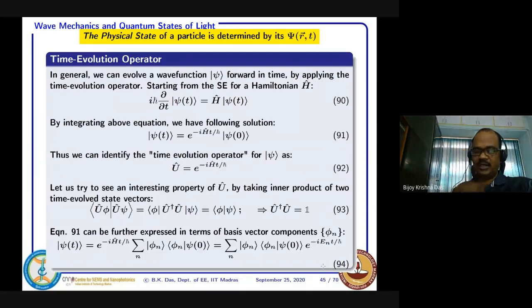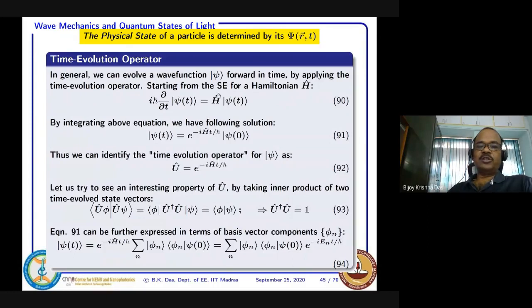We discussed earlier that once you know it at t equal to 0, you can just multiply by e to the power minus i E t by h bar, and then you get the time dependent evolution. Here we look into that in terms of an operator. In general, we can evolve a wave function psi forward in time by applying the time evolution operator.